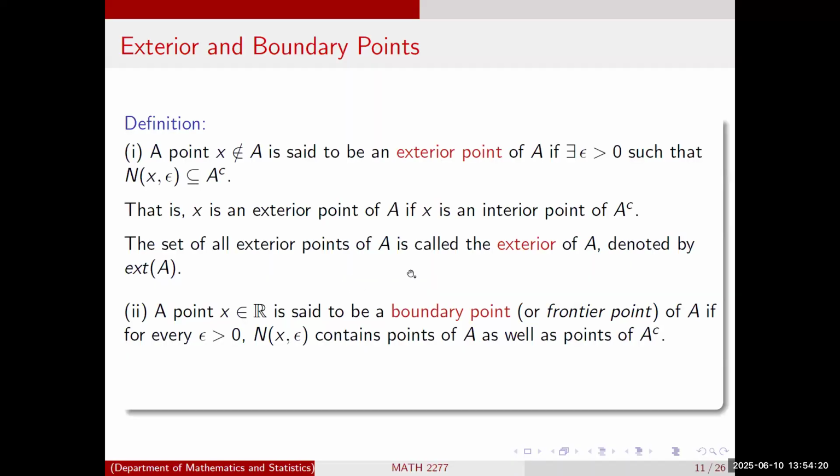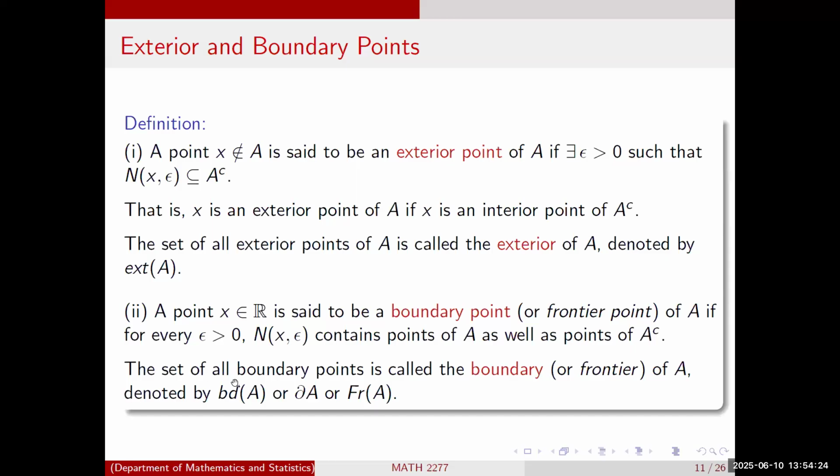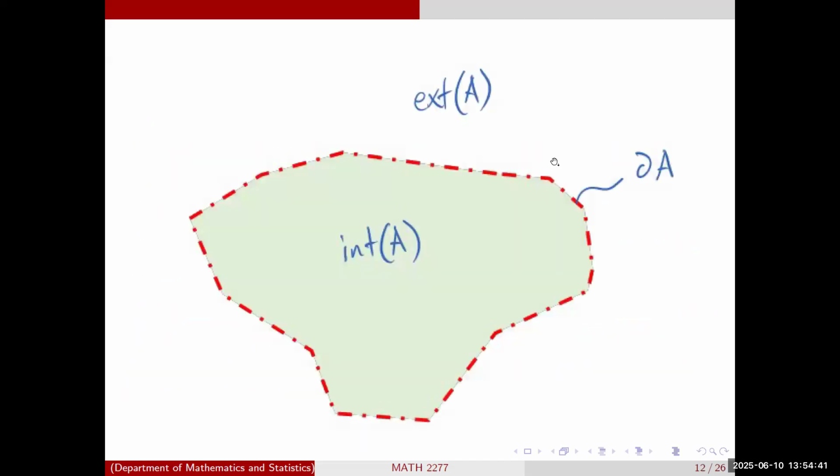Okay, so you need to know all these definitions very well. The set of all boundary points is called the boundary or the frontier of A, and denoted either by BD of A or this fancy symbol, sometimes called del of A, or FR of A for frontier. And this is the picture you should have in your head.